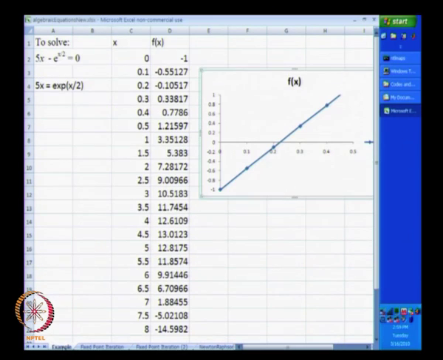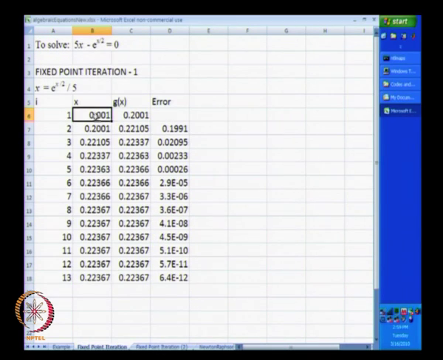So now let us take a value very close to the solution, but again on this side of the solution. Let us take the value as 0.2. If our error criterion was 10 to the power minus 4, it has taken about 6 iterations to converge the solution to the predefined error criterion.